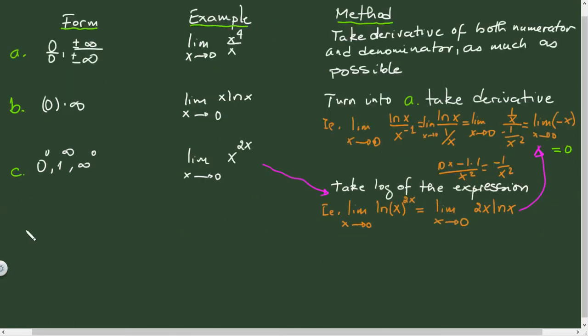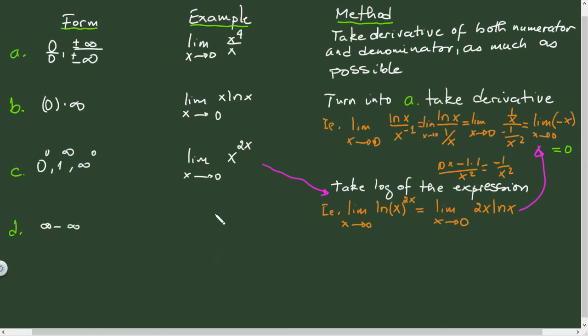The last one here, I call it D. An example of this last form is infinity minus infinity.